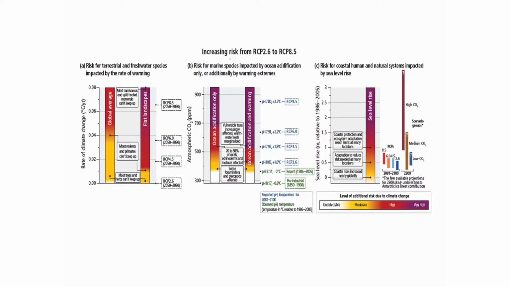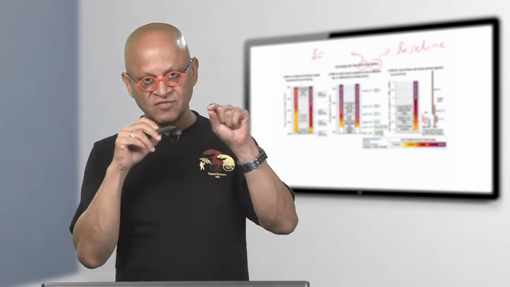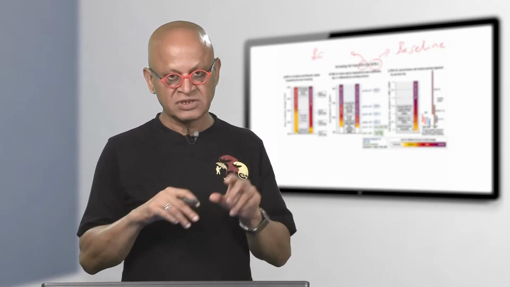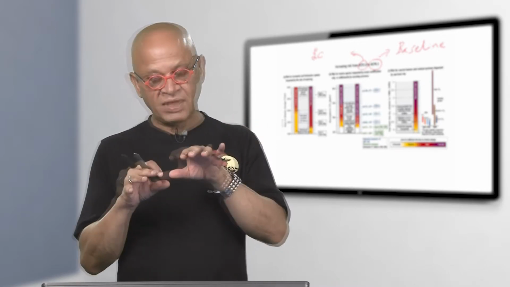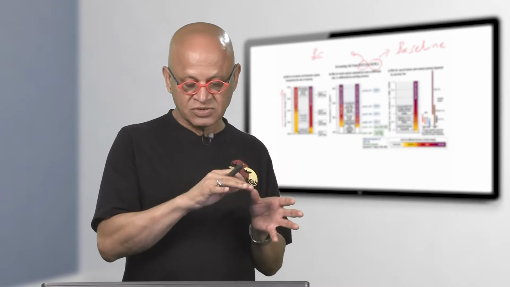So if we go then from RCP 2.6 to RCP 8.5, the best thing to remember is that this is something that requires that we reduce our emissions progressively as we go into the future decades. By 2100, our emissions have to be in fact below where we are right now, which means some technology that we will talk about later has to be maybe invented in addition to reducing emissions, changing energy sources and so on.